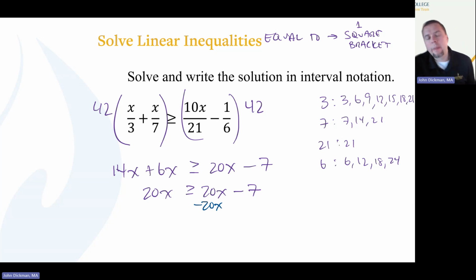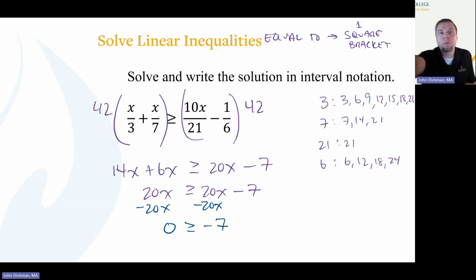Here we are. This is one of the problems where the variables completely disappear. And I know we did that with equations, but it also is true for inequalities. And so, unfortunately, we're not going to get to practice with our square brackets because this is a true statement.